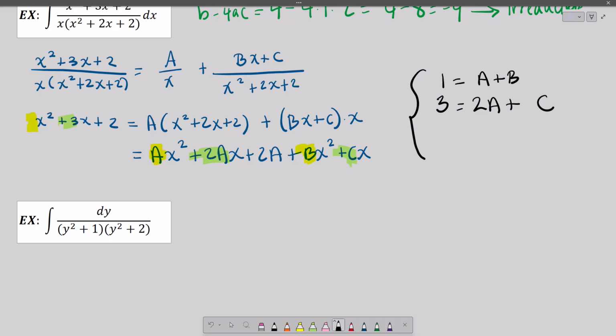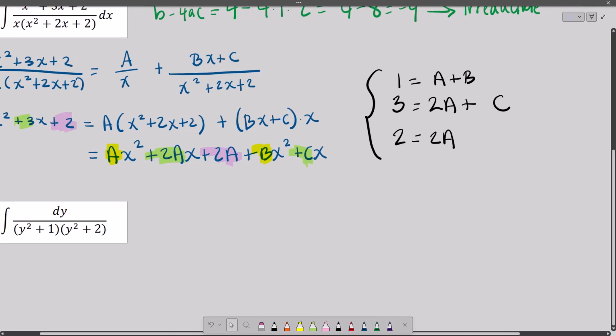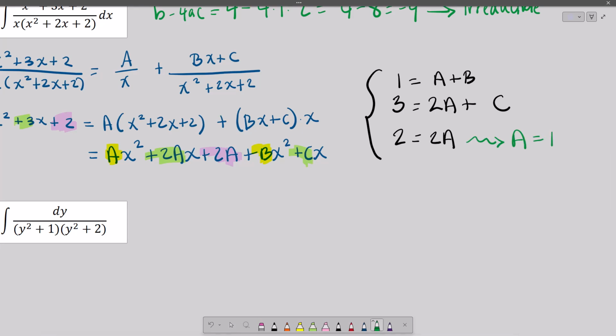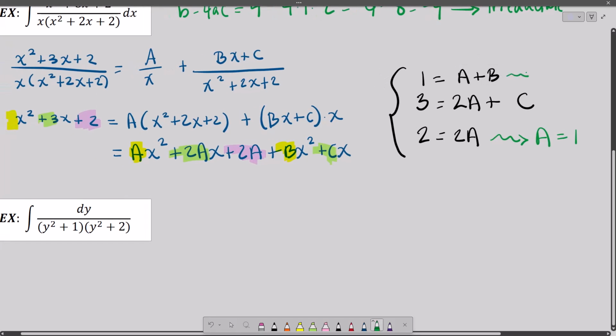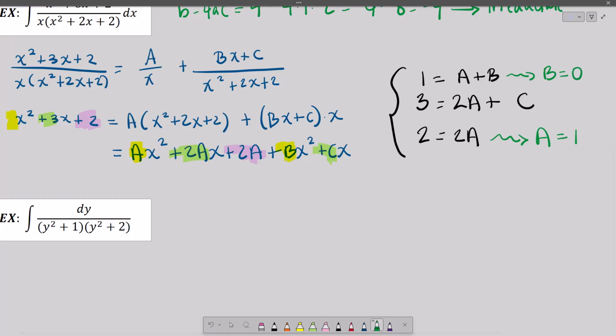And then constant on the left is 2. Constant on the right is just that one. That's easy. So 2 equals 2a. So this tells us that a is equal to 1. And if a is 1, b is 0. And if a is 1, c is also 1. So that would be our set of solutions.